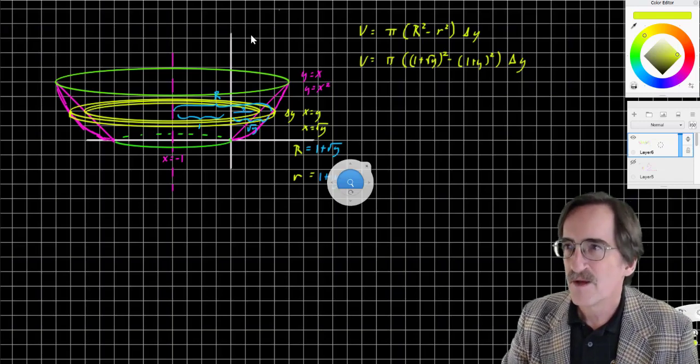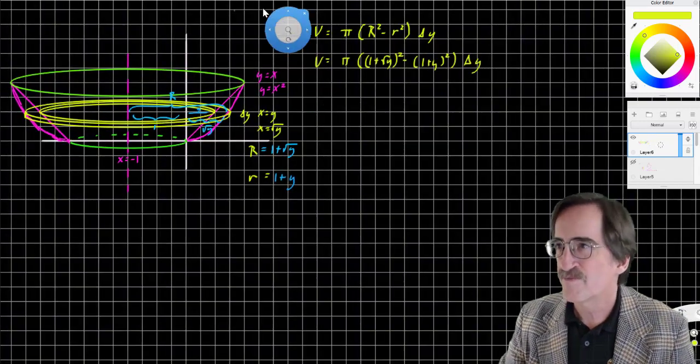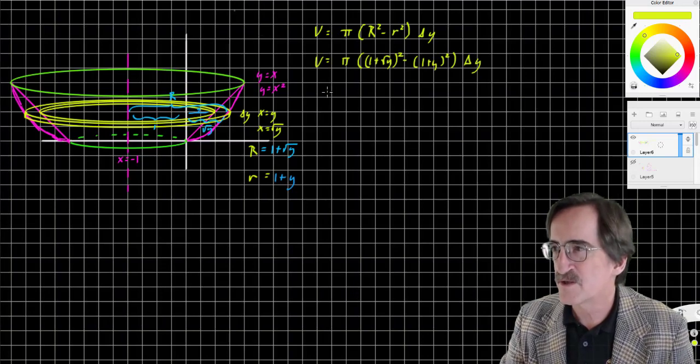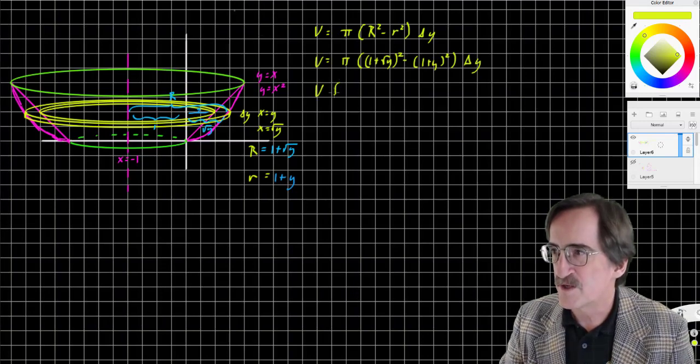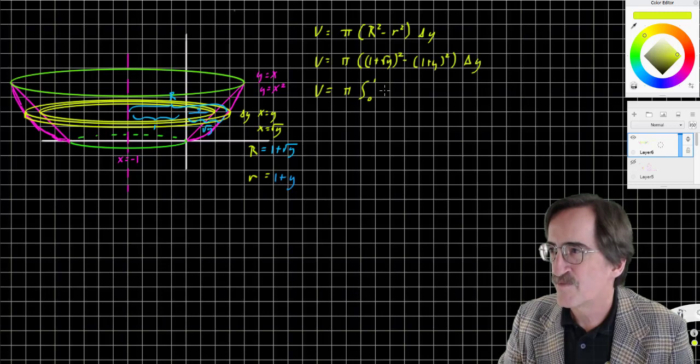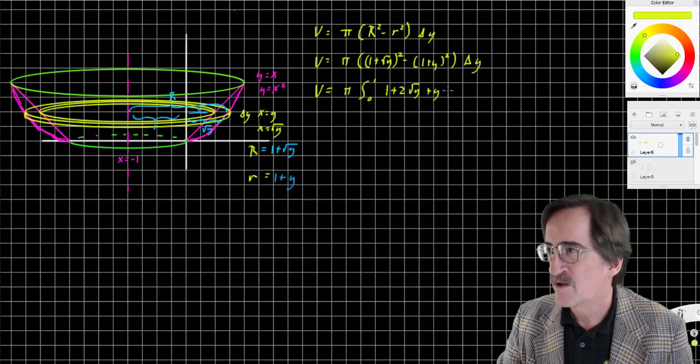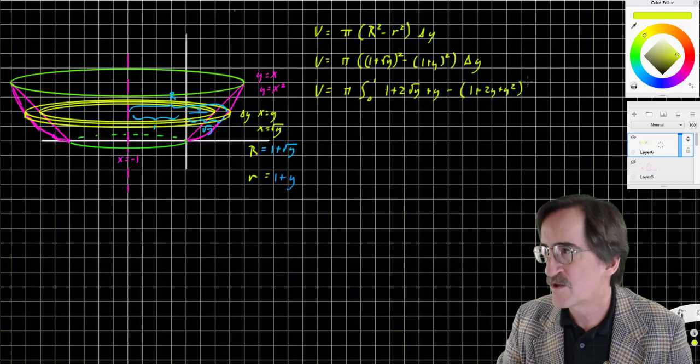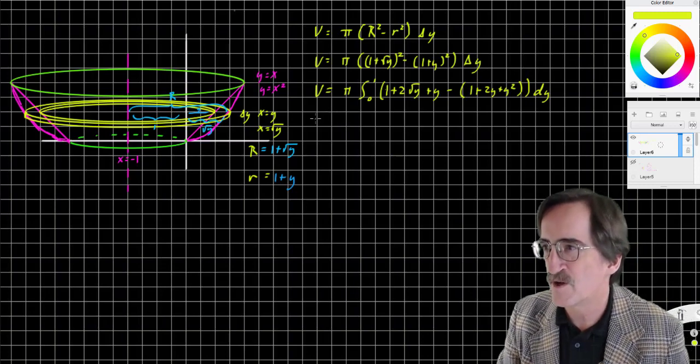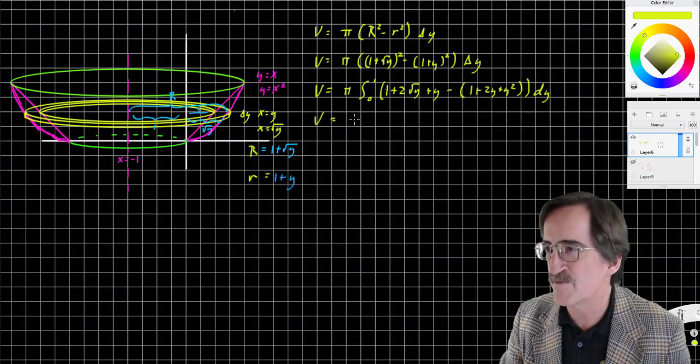And let's set up the integral. So now we have our volume expression. So our total volume of rotation is pi times the integral, just pulling the pi out, from 0 to 1 of, and let's go ahead and multiply this out. 1 plus 2 root y plus y minus 1 plus 2y plus y squared dy. Just doing a little algebra in the process to save ourselves a step or two.